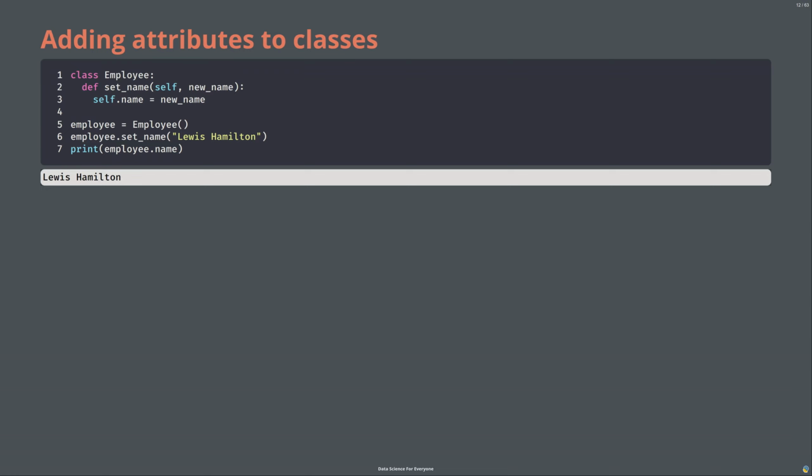So when we call set_name, it creates a name attribute on that specific object and sets its value to the value we provided. At first, when we create a new employee object, it doesn't have a name attribute. But once we call set_name, the attribute is added and we can access it using the dot notation like employee.name.